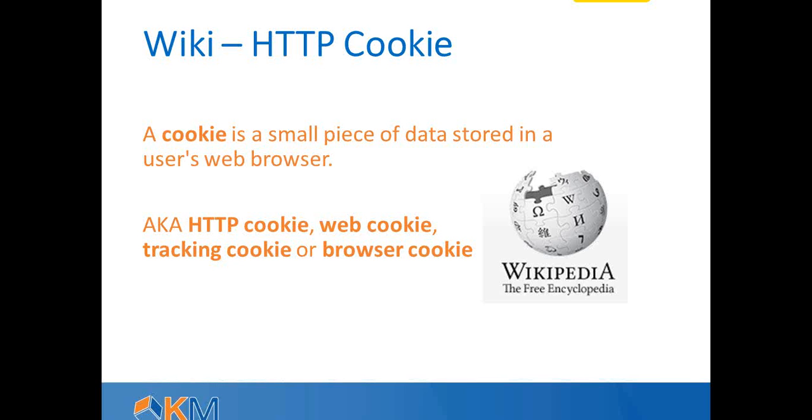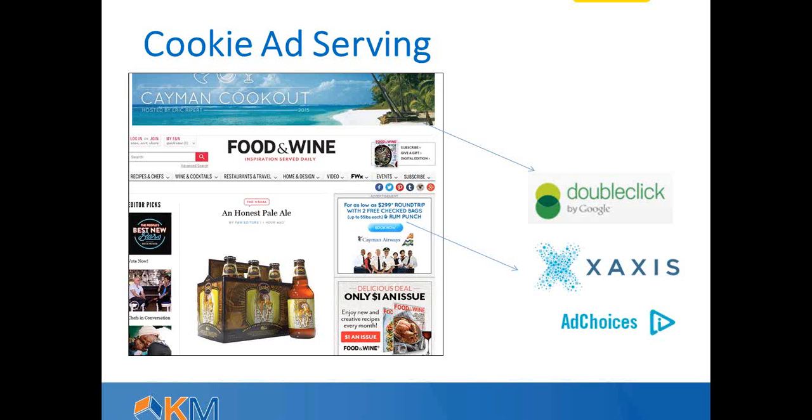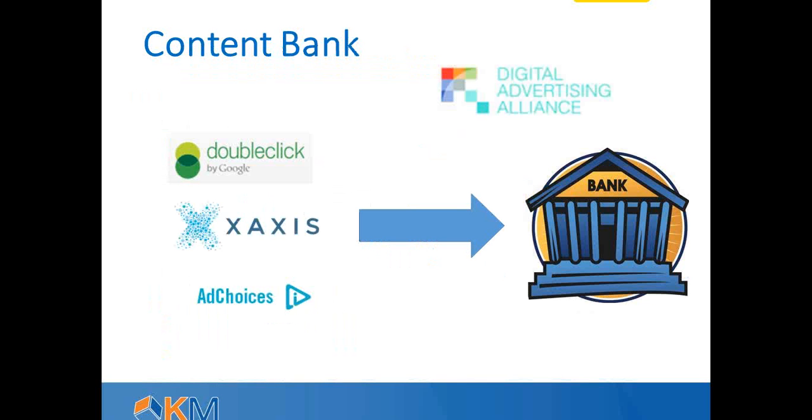And they're presenting that information so that as I navigate to this page, there's some personalization for me based on some previous information that was collected or provided on my cookie on my machine. Those providers then go out to a content bank that's stored in the ether or on the cloud, and based on some information or algorithms, either by the site or by cookie, provides an ad into that block.